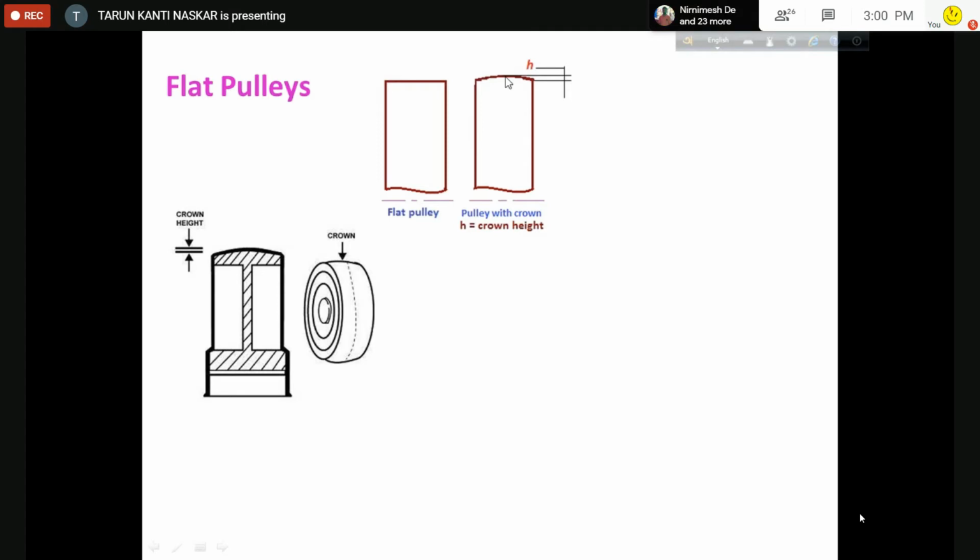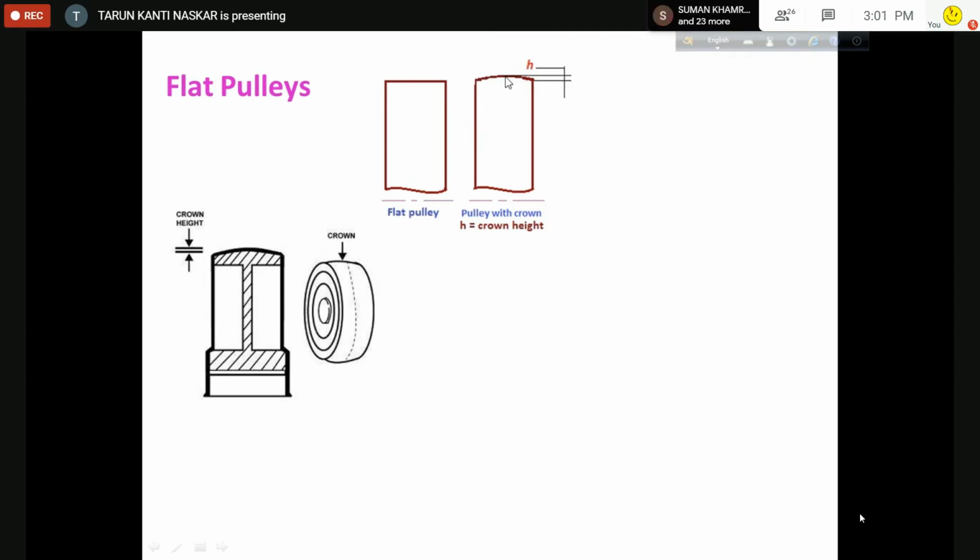The second thing is why both the pulleys are not crowned. Only one pulley is crowned and the other pulley is completely flat. Because if both the pulleys are crowned, and you join a straight line from one crown tip point to the other tip point, that straight line should be perfectly perpendicular to the axis of the shaft.